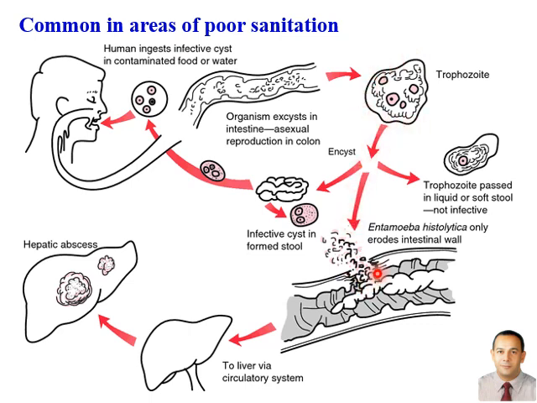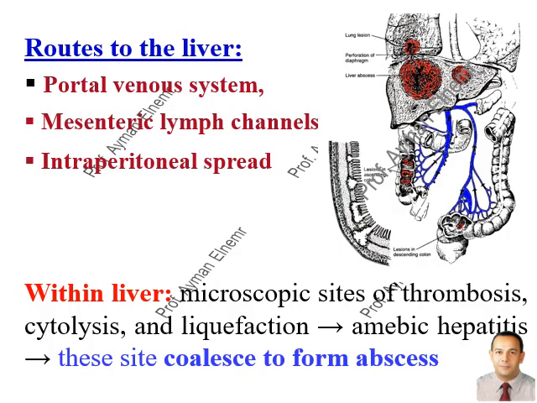This parasite erodes the mucosa of the intestine and travels through the mesenteric veins to the portal vein and to the liver, where it forms amoebic hepatitis followed by amoebic liver abscess. The trophozoite reaches the liver by many routes, such as the portal venous system, mesenteric lymph channels, or intraperitoneal spread.